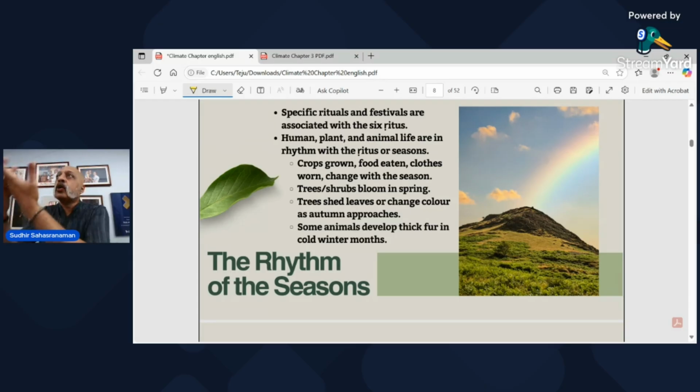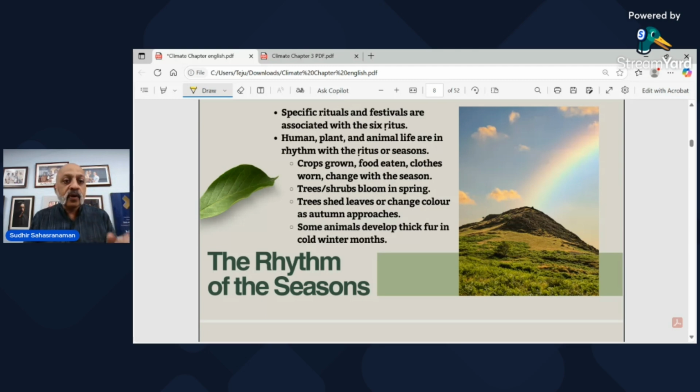It's basically to pray to the goddess to protect the people against rain-borne or water-borne diseases during the monsoon season, be it malaria or dengue, etc. Right? So you have rituals, you have festivals which are associated specifically with these particular seasons.